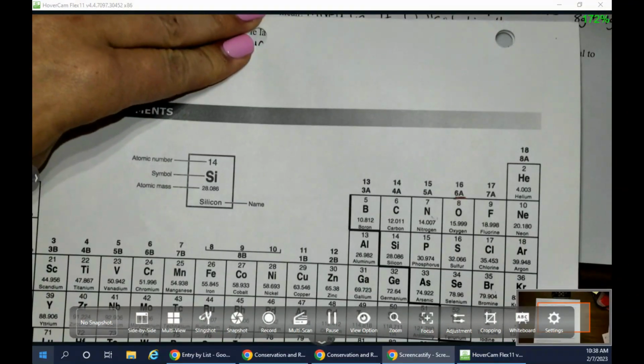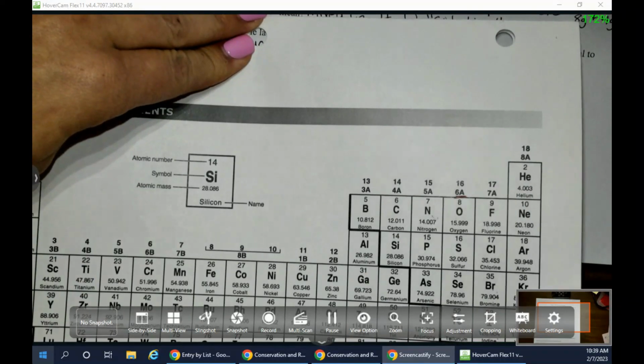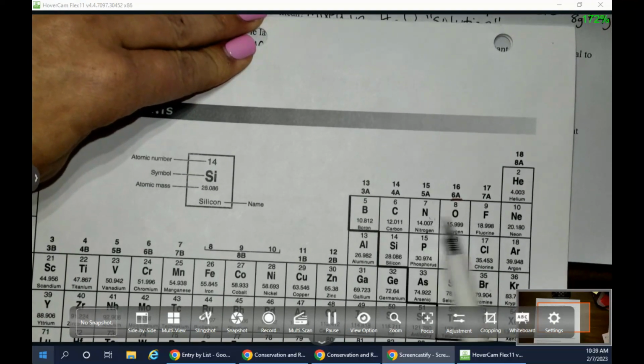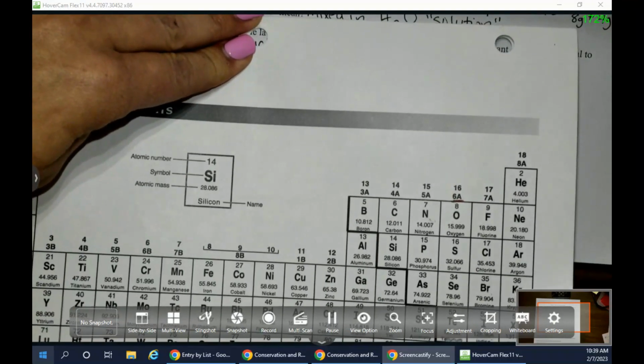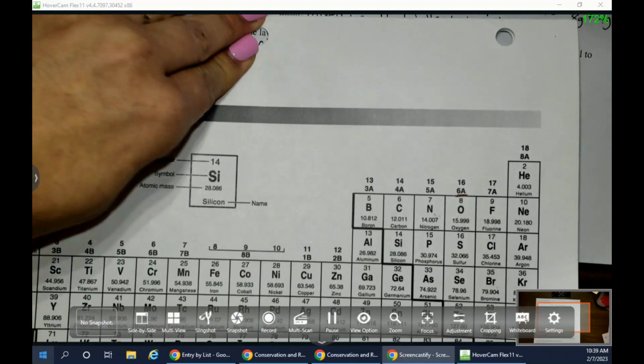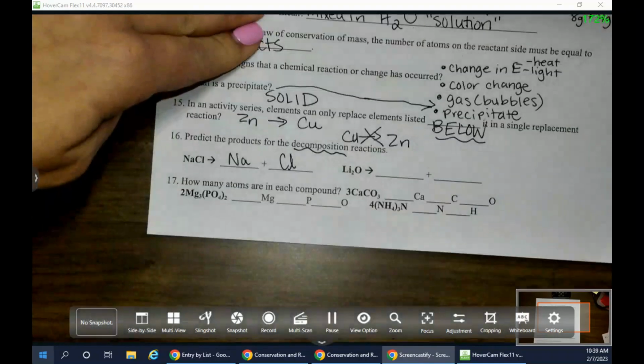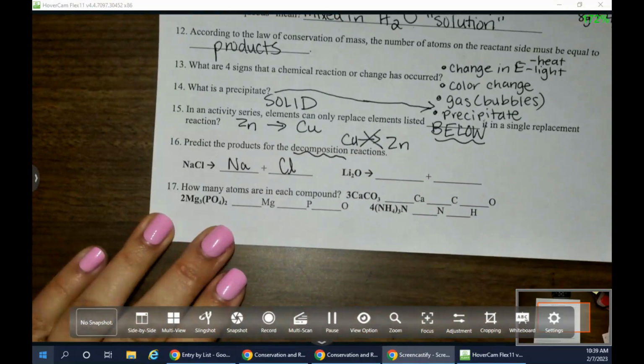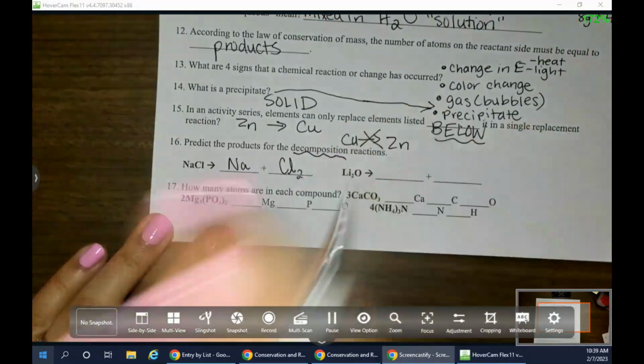Is chlorine special? Yeah, it's part of the diatomic 7. So what do I have to give to the chlorine? Diatomic. What does di mean? 2. We got to put the little 2. That's all it means, okay?